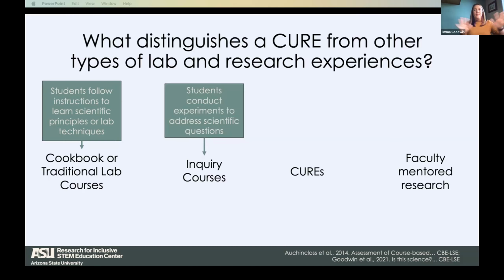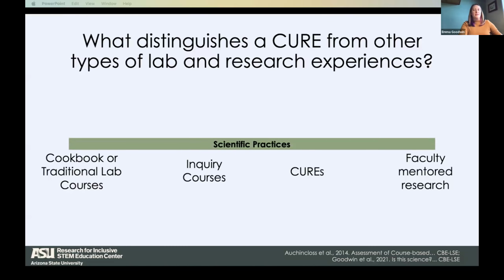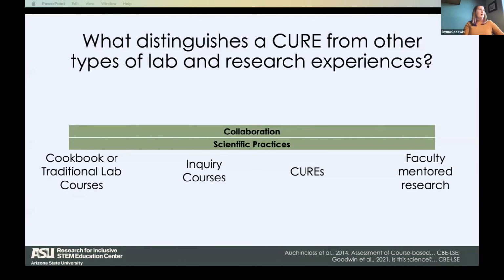Inquiry courses can include a wide range of instructional experiences, but generally students are conducting experiments to address scientific questions. And in all four of these experiences, students do have the opportunities to engage in scientific practices, use tools and techniques, and they often have the opportunity for collaboration.